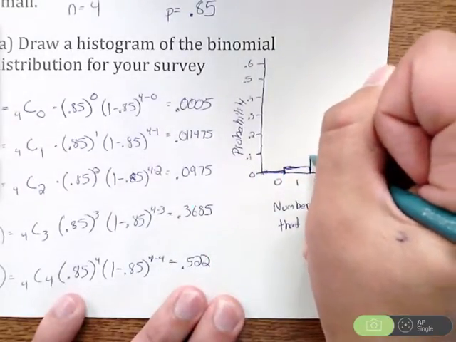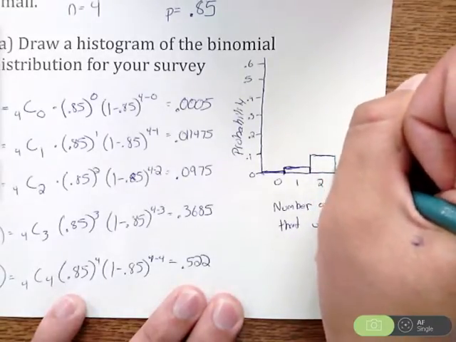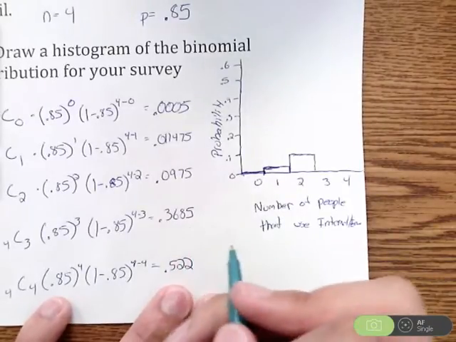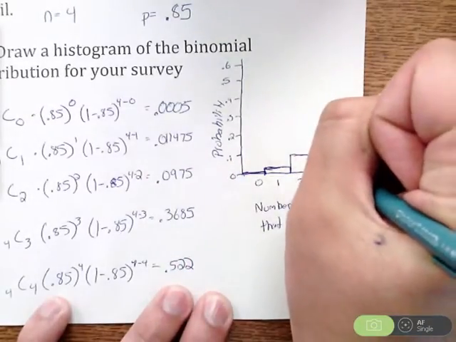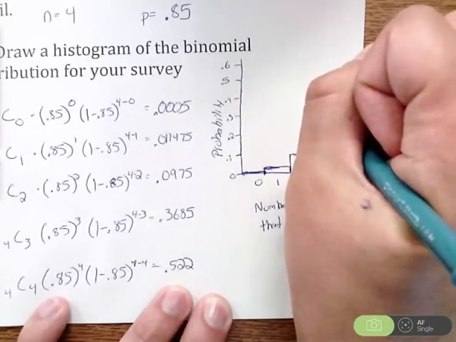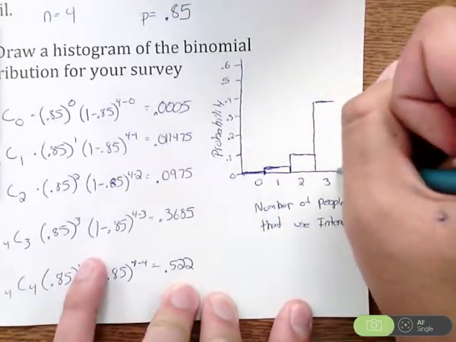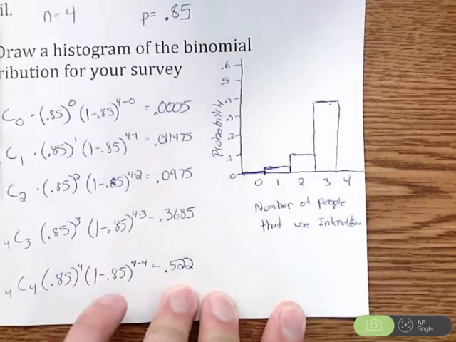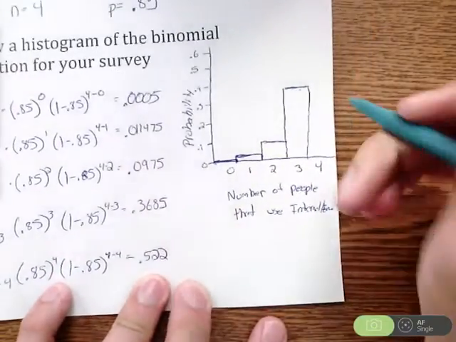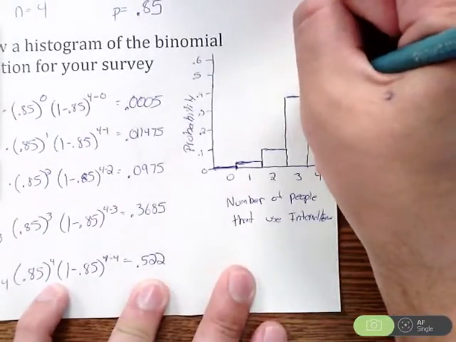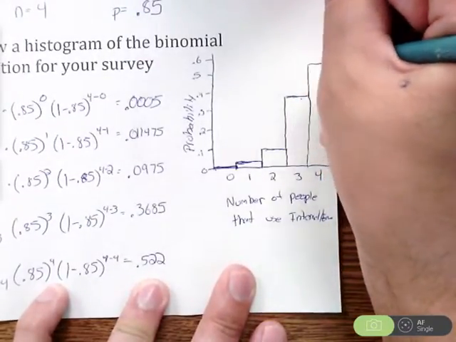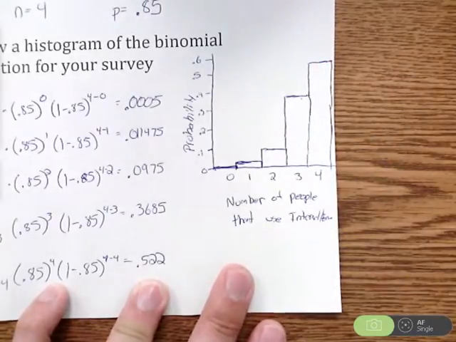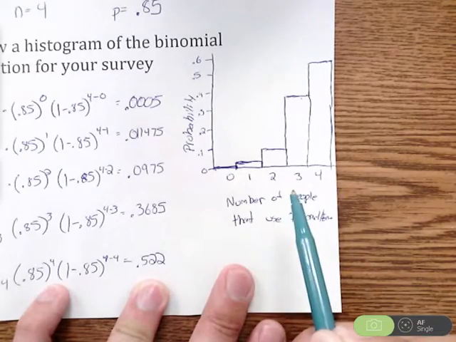So we're going to go up here, go over, so that's 0.2. Probability that we had 3 that use internet or email, 0.3685. That's going to be all the way up here roughly. It doesn't have to be perfect, but you want to make it look as close as possible. And then 4 is 0.522, so we need to go above the 0.5 just a little bit right there. So you just make a bar graph of all of your values, 0, 1, 2, 3, 4.